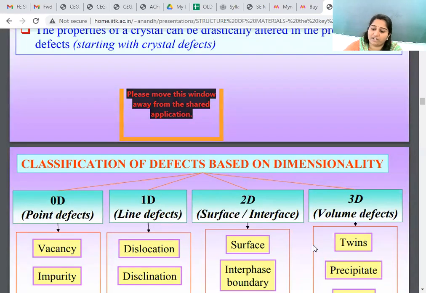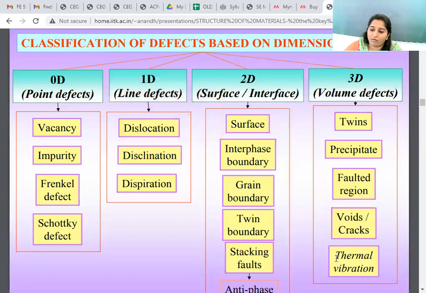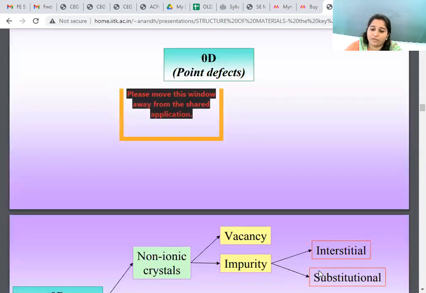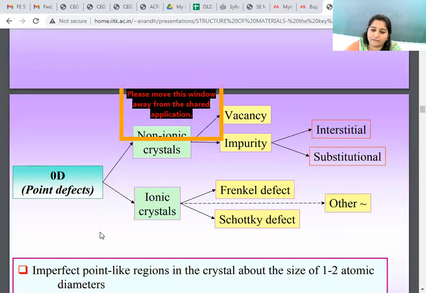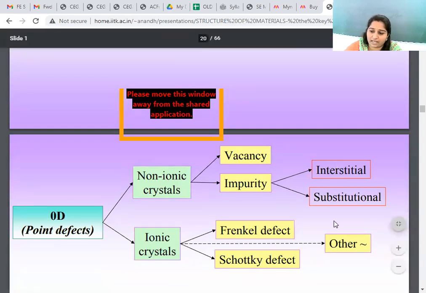And the 3D volume defects include twins, precipitates, faulted regions, voids or cracks, and lastly thermal vibration. These are the 3D defects. Now, if we go one by one, starting with zero-dimensional defects.